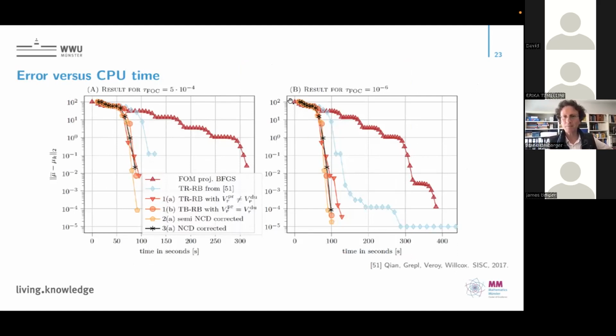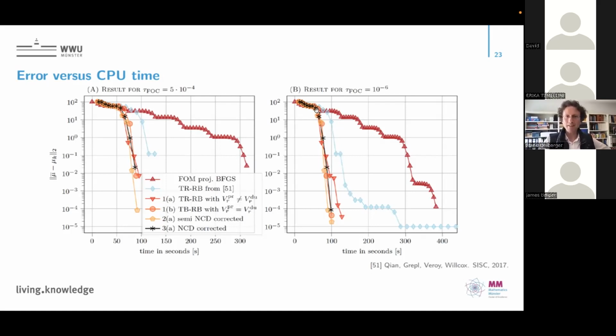In this case, you again have as a reference this red line. This is the convergence of the full order model solver. So just taking the optimization, and for the state equations and dual equations, you just use your finite element solver.